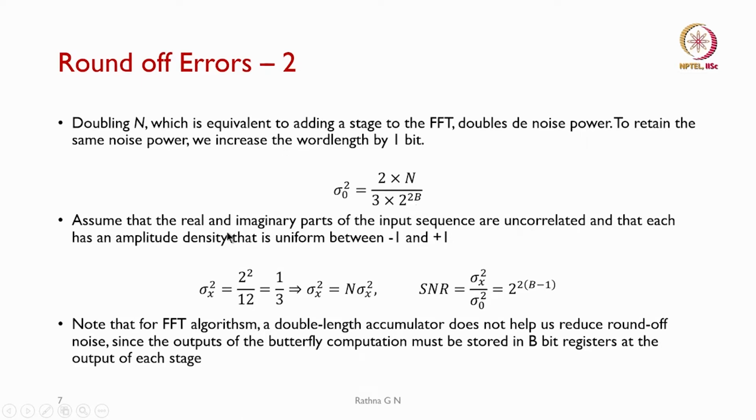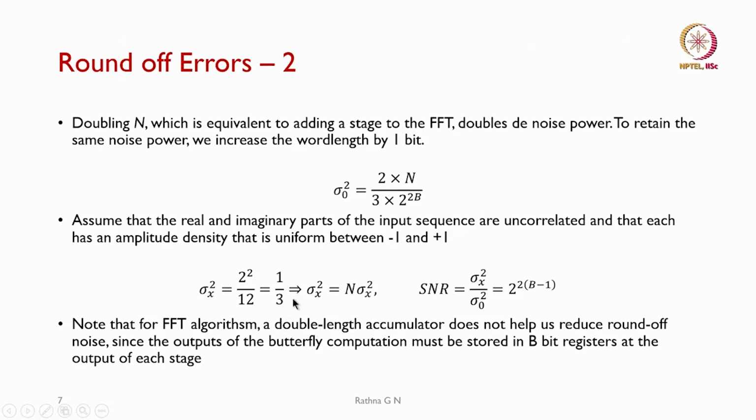Then, the real and imaginary parts of our input sequence are uncorrelated, and each has an amplitude density that is uniform between minus 1 and plus 1. Then our sigma x squared input noise power is nothing but 2 squared divided by 12, which is 1 by 3.